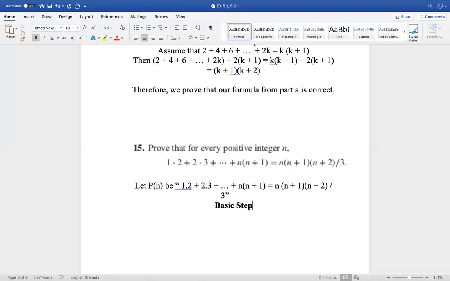What's going to be the basic step? We know that for every positive integer n, the first positive integer is 1.